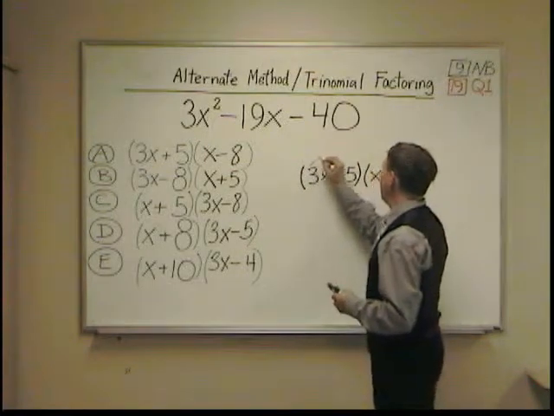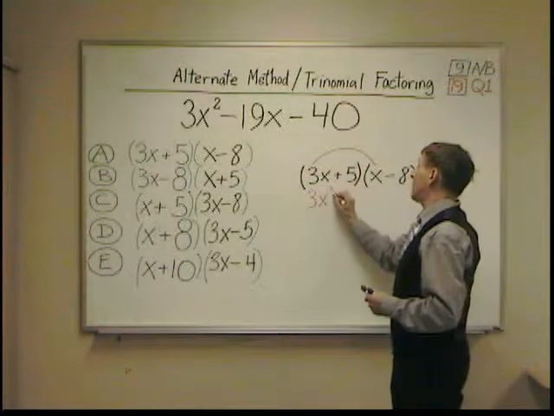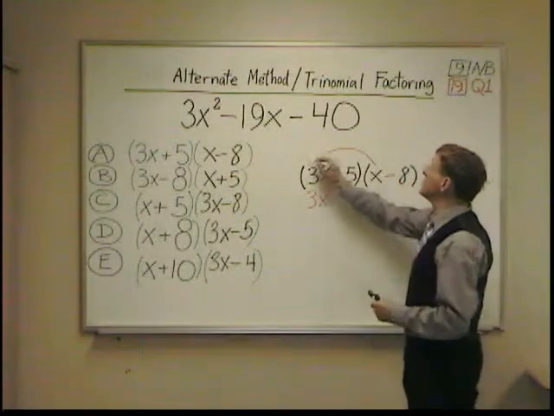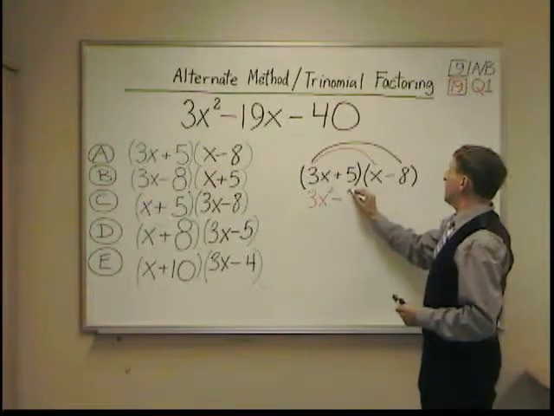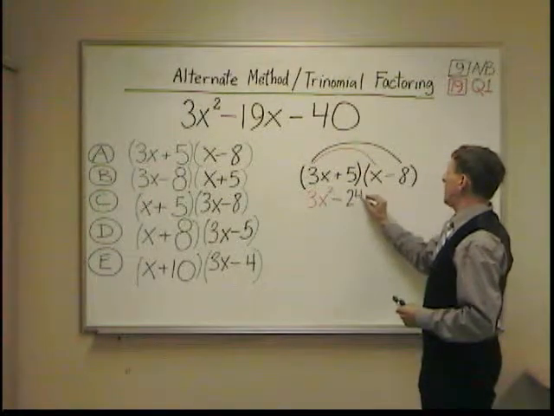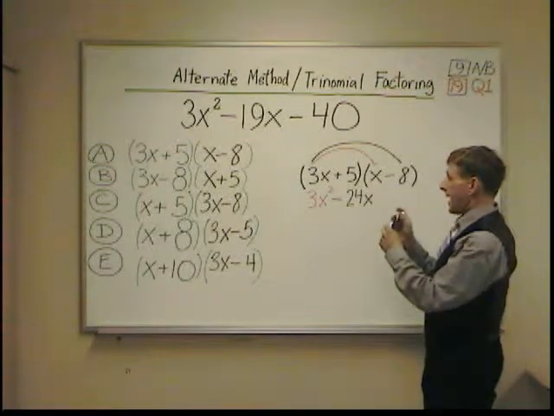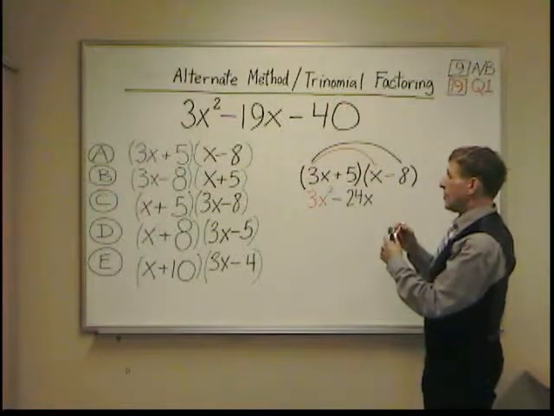First, 3x times x gives me 3x squared. Then I have outer. 3x times minus 8 is minus 24x. Then I have inner.